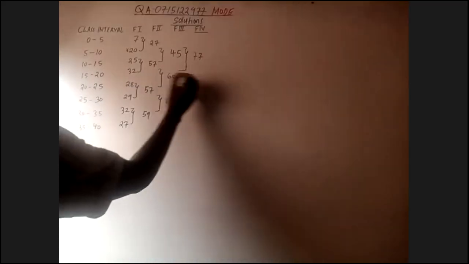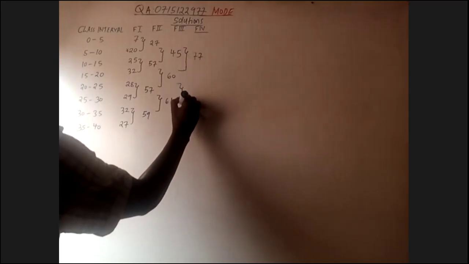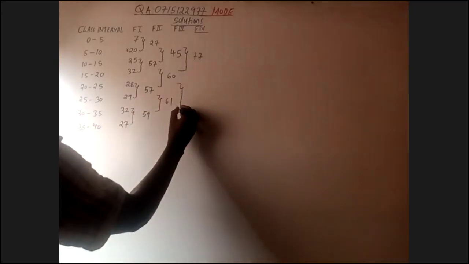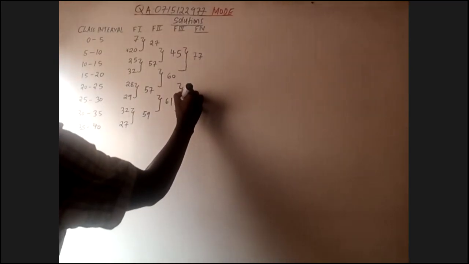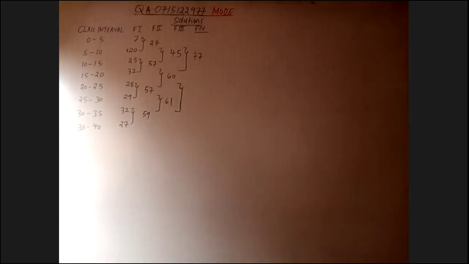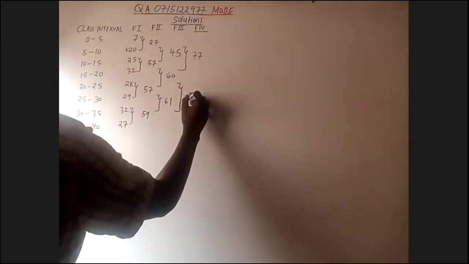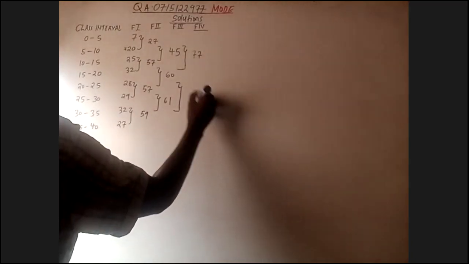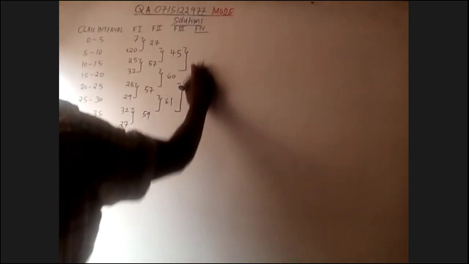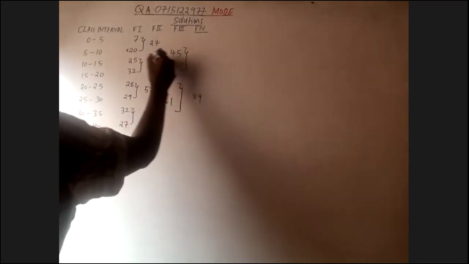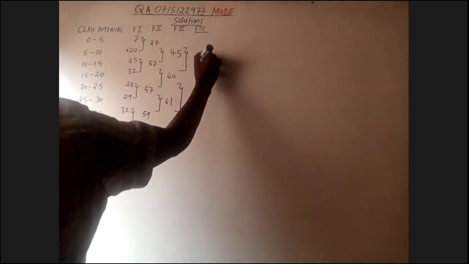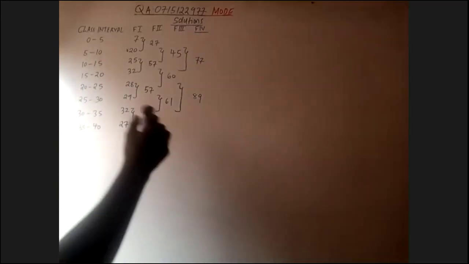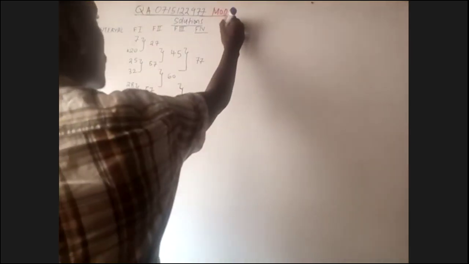Hapa ni from 28 hadi kwa 32. 28 plus 29 plus 32 ni ngapi? 89. Katikati kwa 29. Nataka niweke katikati. Katikati yake ilikuwa 25. Hizo kwa 77. Now tunamalizia mwisho.